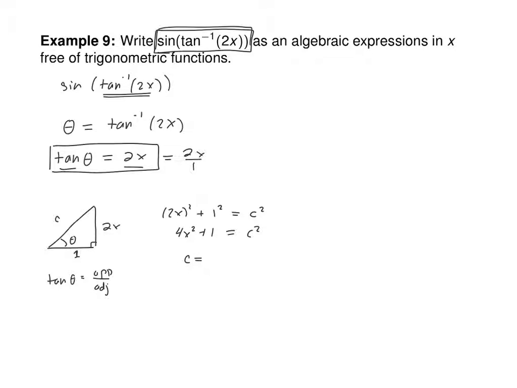So c equals the square root of 4x squared plus 1. I don't need a negative, yes? I did this with x and 1/2. Is that going to be wrong? No, I don't think it will. You made that into x over 1/2. Mm-hmm. Your answer will look a little bit different, but it should be equivalent. Yep. Is everyone okay with why that's only positive? Because it's the length of a triangle, so it has to be positive?